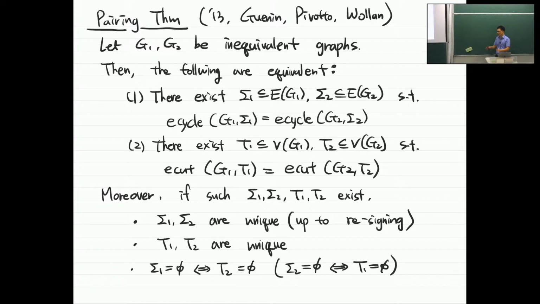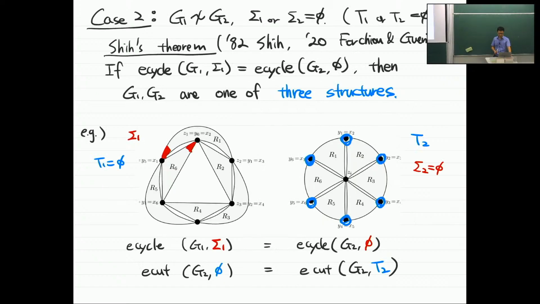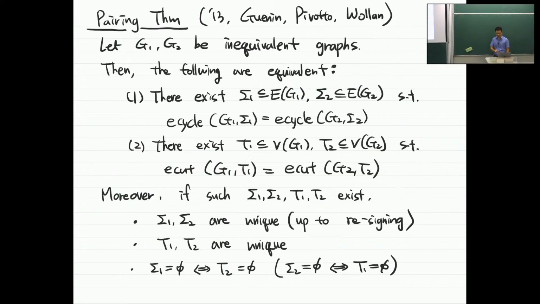We have no choice if they represent the same even cycle matroid. And the same for the terminals. For the terminal matroid, what does it mean to be an even cut? Do you need the same number of terminals on each side, or an even number of terminals on each side? Even number for each side. Yes. No more questions? Okay.